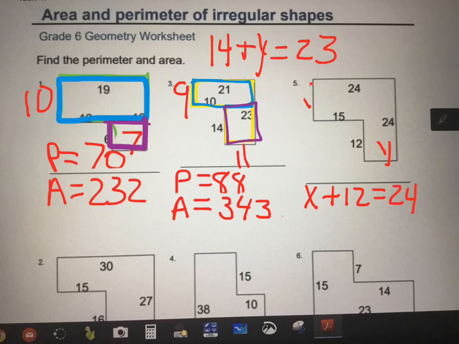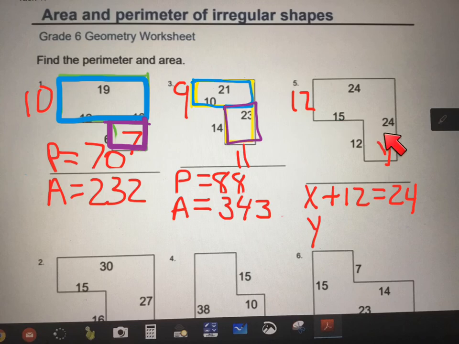So X is going to be 12. Our Y is going to be added to our 15 right here. See, there are two horizontal. Y plus 15 is going to be our total, which is 24. So Y plus 15 equals 24, so our Y is going to be equal to 9.